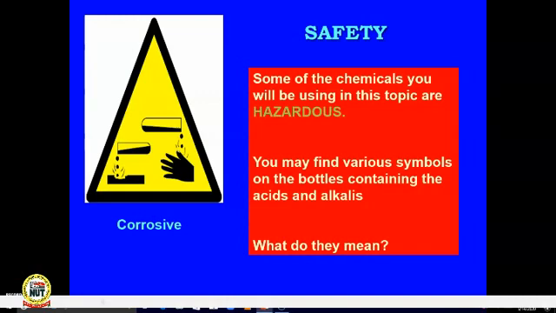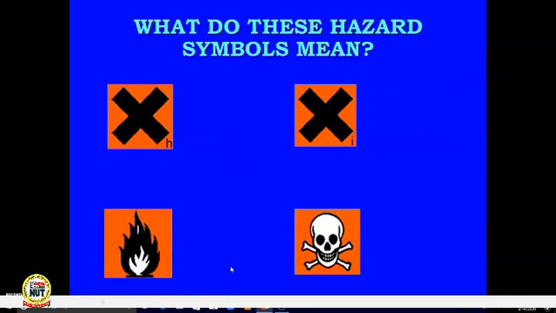So it's very important that you handle it with care and a lot of safety precautions. Now we have other safety signs here which you're going to observe, because each chemical comes with its own level of hazard, and the precautions to avoid being injured is very necessary.